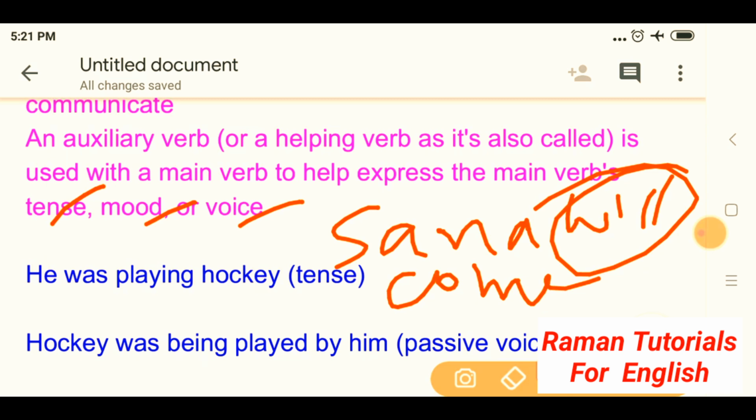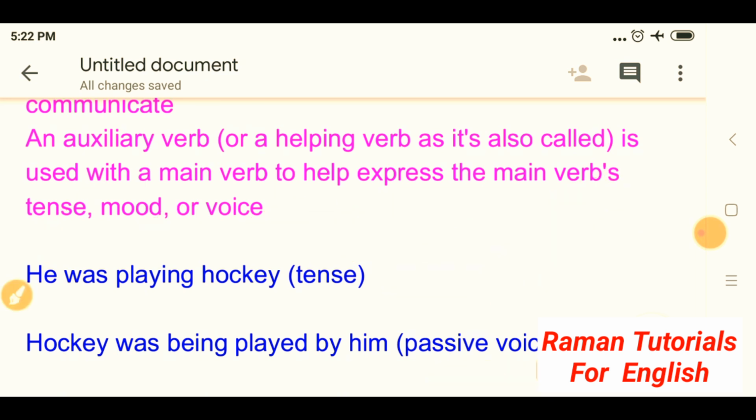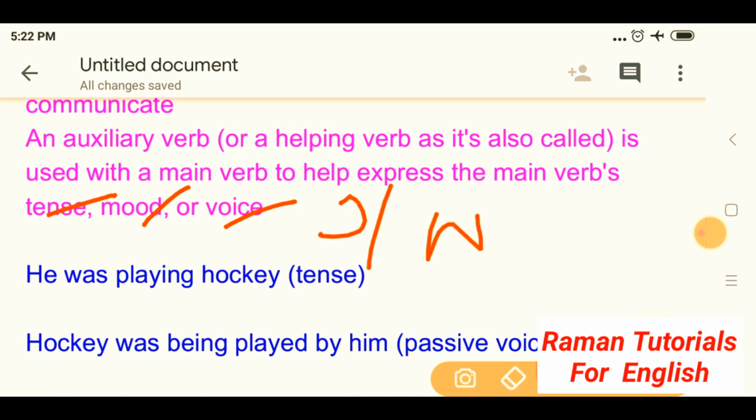Yes? And I said, with auxiliary verbs, you can write sentences in different tenses, moods, voices, or even interrogative and negative questions.